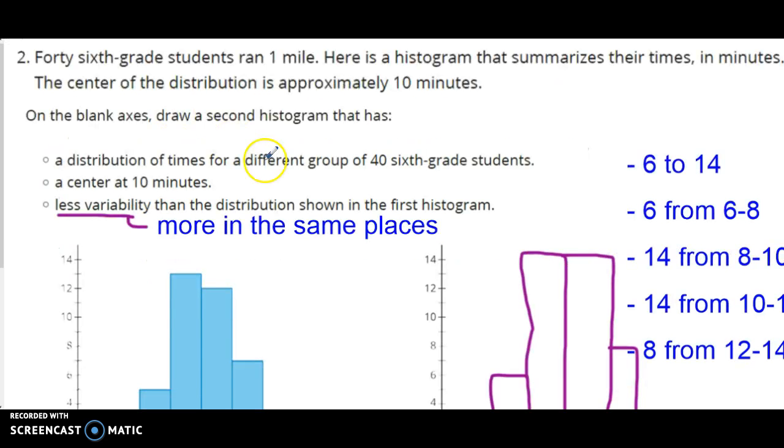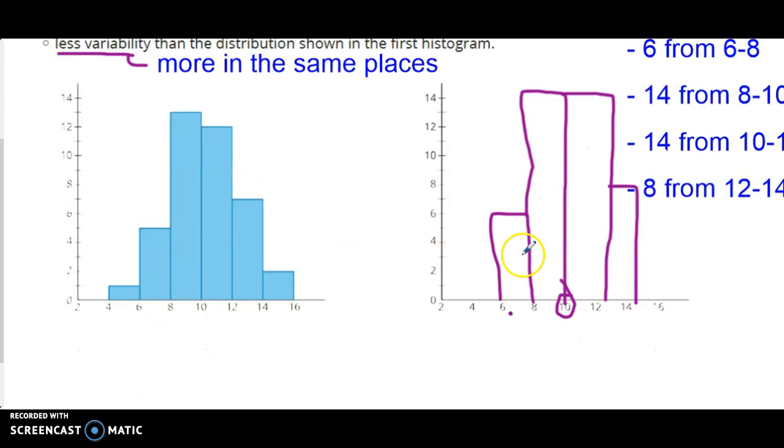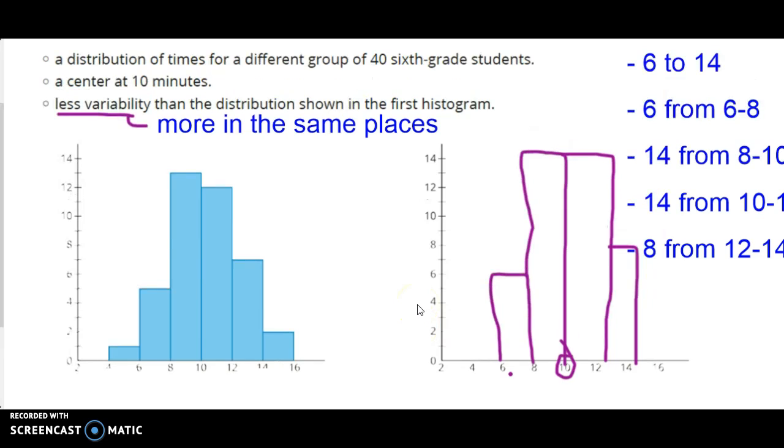Actually, before we move on, guys, keep in mind your bar graph does not have to look exactly like mine. However, you can't have 6 bars. You need less than 6 bars because we want less variability. So mine only has 4. You also have to make sure that your tallest bars are right near 10 in order for that to be the center of the histogram.